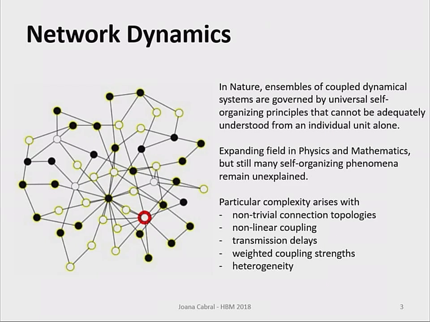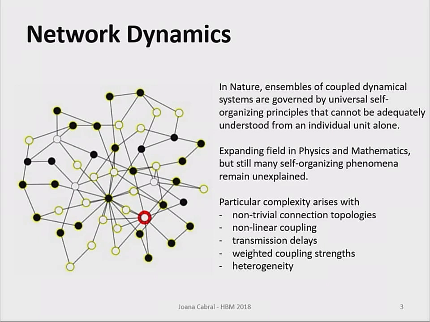An example is the migration swarms of birds, where you cannot understand the macroscopic dynamics by looking at an individual system alone, if you just look at one area or one neuron.